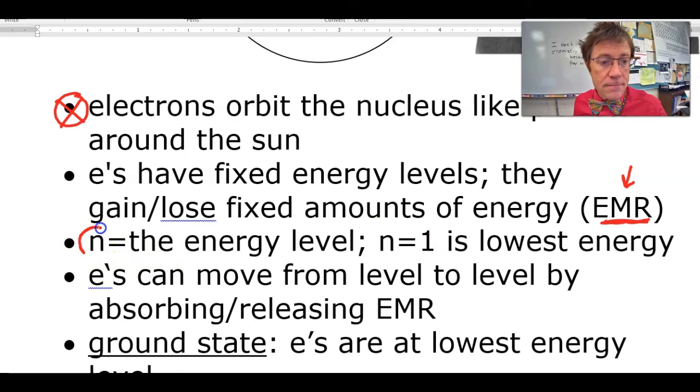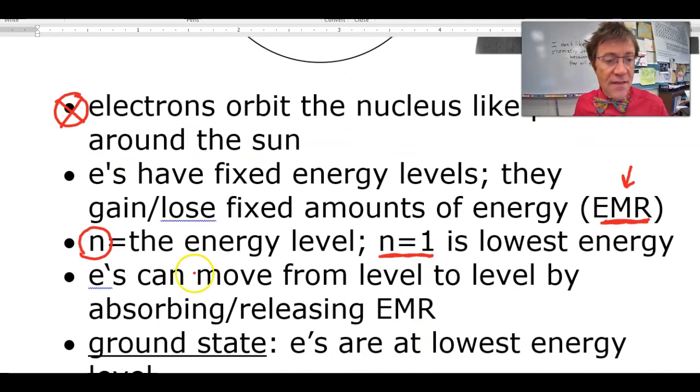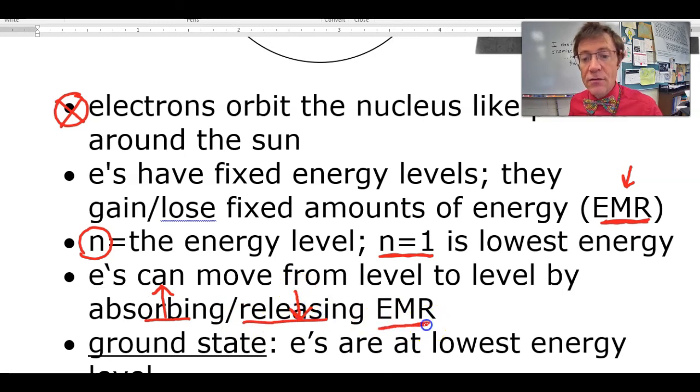So in his model, N equals the energy level, where N equals 1 is the lowest energy level, like the first floor of a skyscraper. If N equals 5, that's like the 5th floor of a skyscraper. Okay? And they can move up and down by absorbing, which goes up, and releasing, which goes down, electromagnetic radiation, or light.